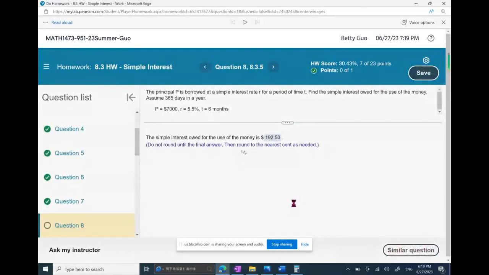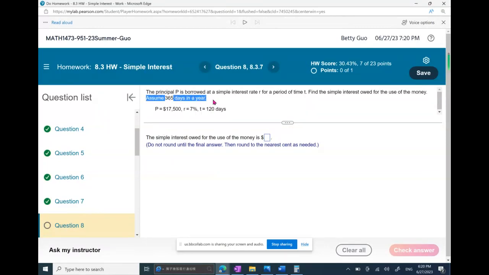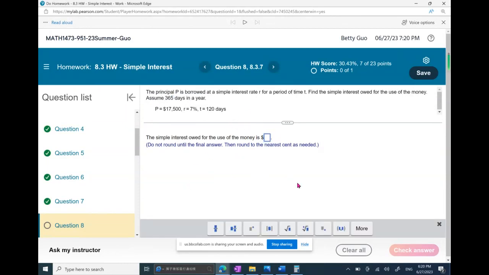Very good. Next question, number 8. Same thing. Just repeatedly use this formula. Then you won't forget it. All right. So, okay. This one we need to use this condition. So remember the formula again.